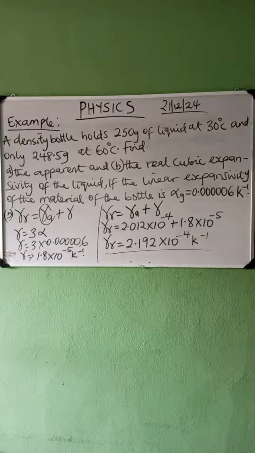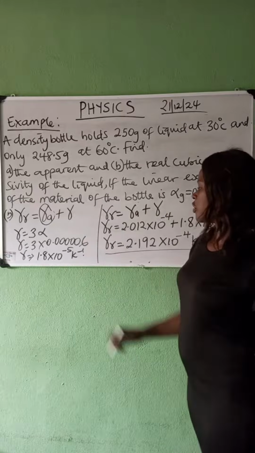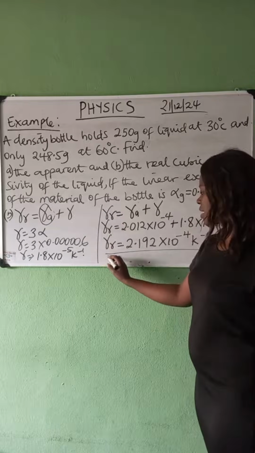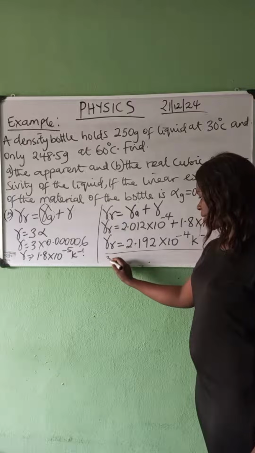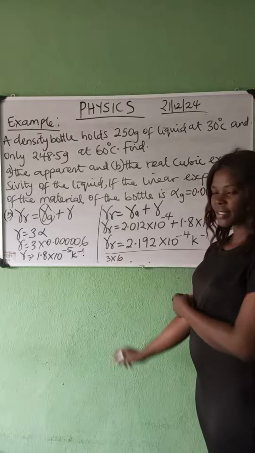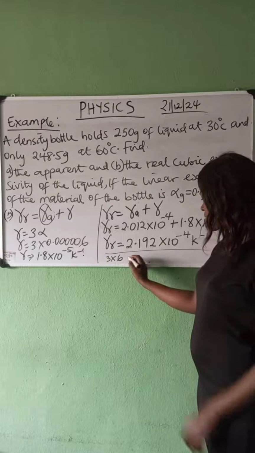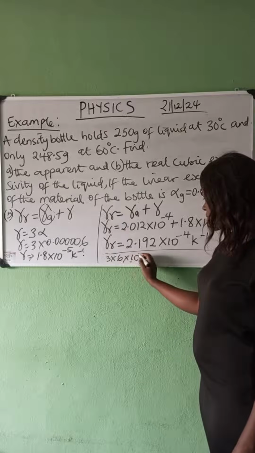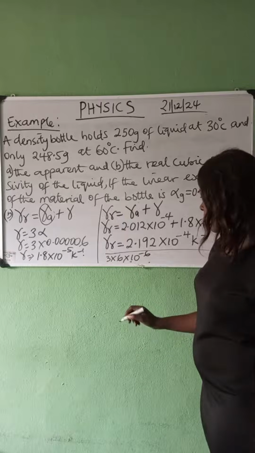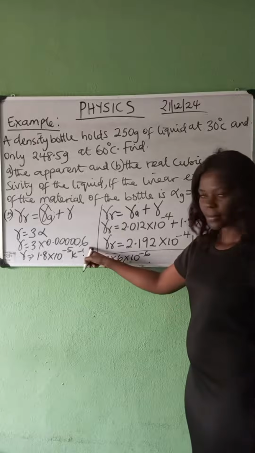All right, Christiana, I said I should explain why it is that. Okay, let me do just that. You know that this is the same thing as saying 3 multiplied by 6 times 10 raised to the power minus 6, right?